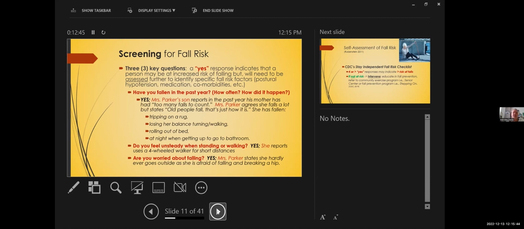And the third question to ask for screening for fall risk is, are you worried about falling? And this was a definite yes with Mrs. Parker. She states she hardly ever goes outside as she's afraid of falling. So we have that fear of falling, and she is worried she could possibly break a hip.